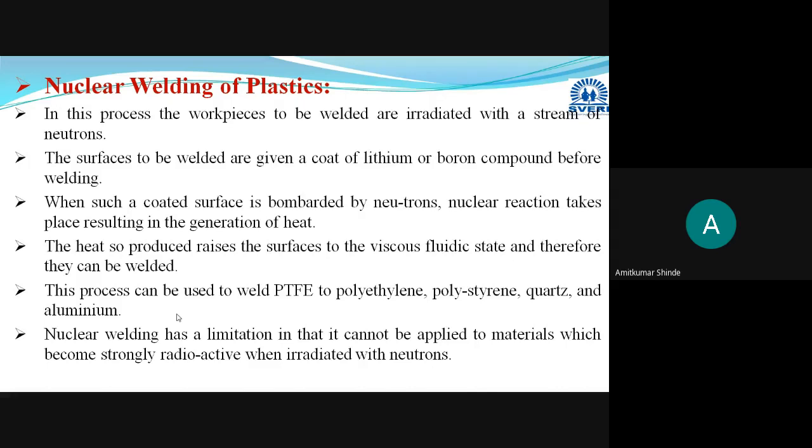A nuclear reaction occurs with the lithium or boron compound present on that surface layer, heat gets generated, and the plastic surface starts melting. After application of sufficient pressure, the material can be joined.